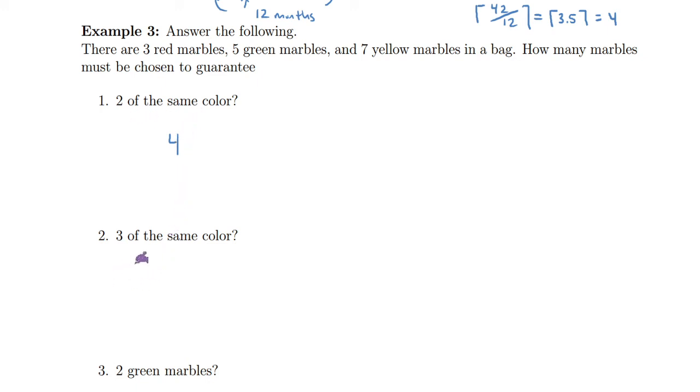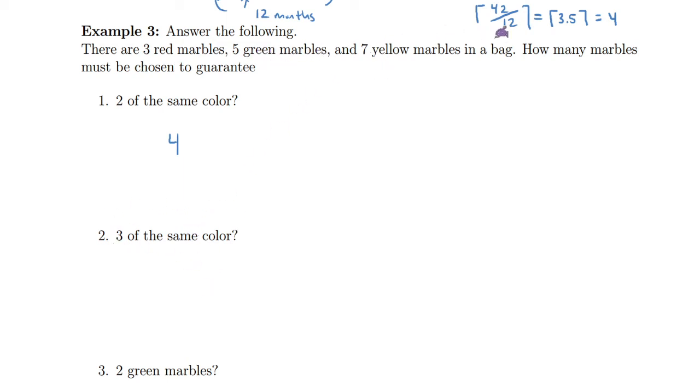Okay. What about 3 of the same color? Playing that same game, the first 3 you choose could be distinct, and then you could start to repeat things. Let's just say that it goes red, green, yellow, and then it goes red, green, yellow again. Then you have 2 of the red, 2 of the green, and 2 of the yellow, and you still don't have 3 of the same color.